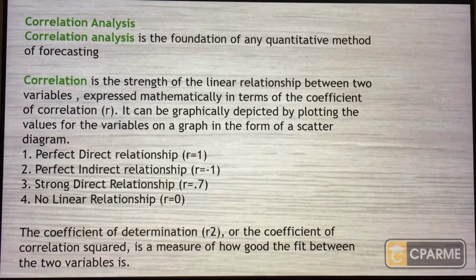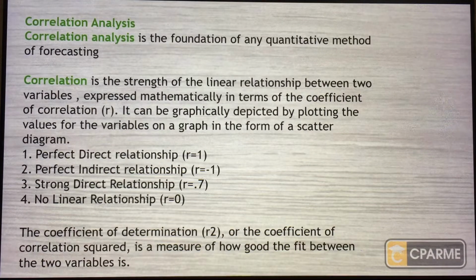This is the strength of the linear relationship between the two variables, which is expressed mathematically in terms of the coefficient of correlation, or R. It can be graphically depicted by plotting the values for the variables in a graph in the form of a scatter diagram.